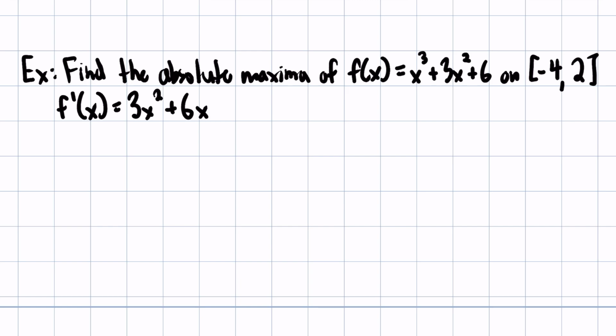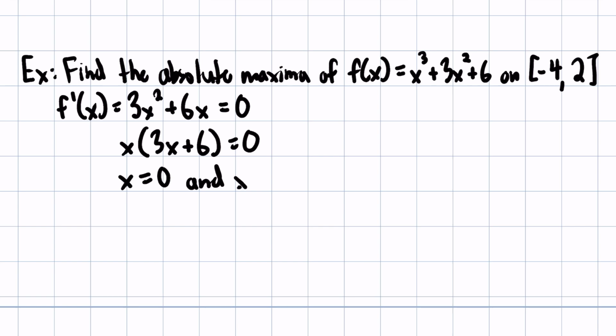That is going to exist everywhere, right? It's a polynomial. So we just set it equal to 0 and solve. We can pull out an x, and we're going to get x equals 0 and x equals -2.